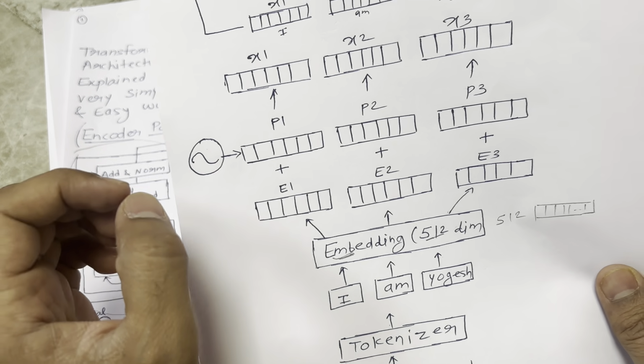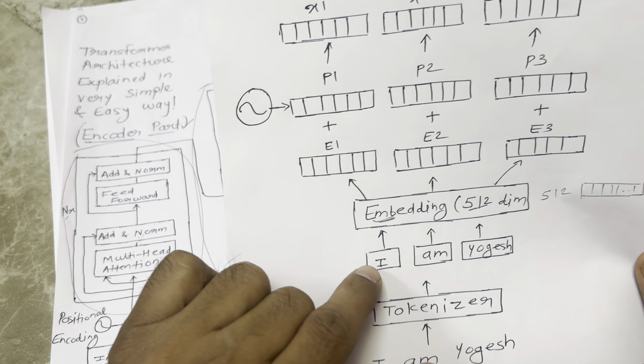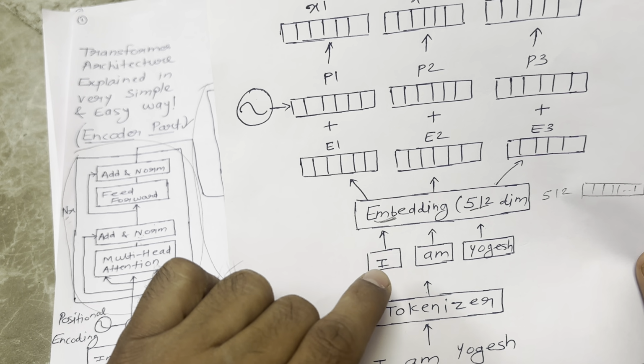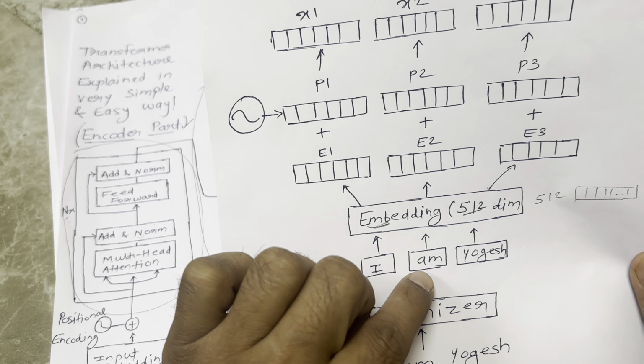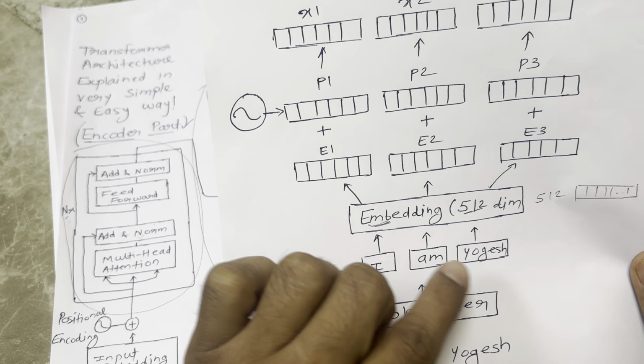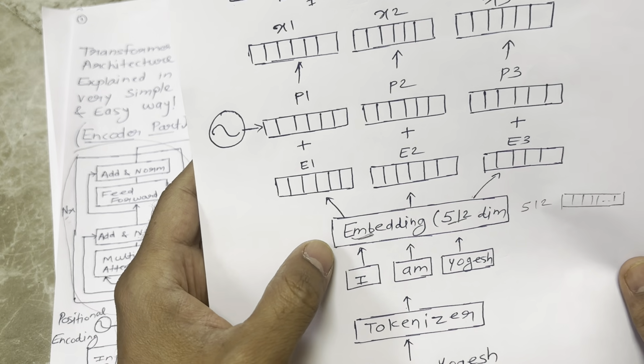Fine. This means for the word I, or the token I, we get a 512 dimensional vector representation. Similarly, for the words am and Yogesh, we get 512 dimensional vector representations.